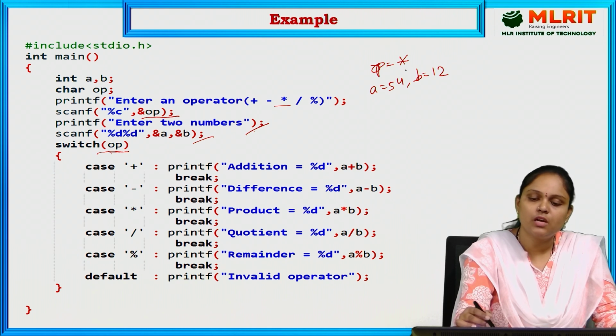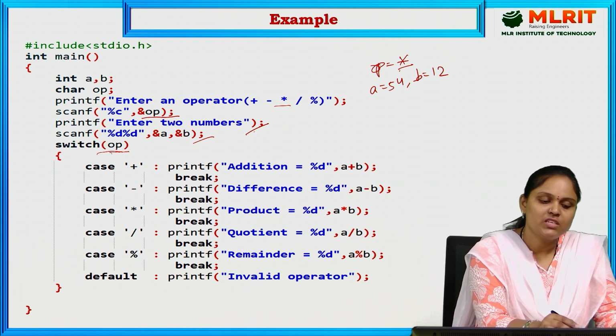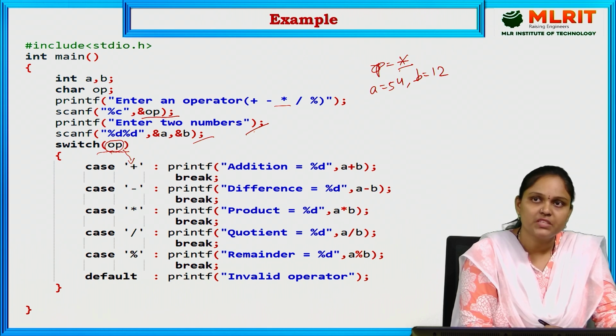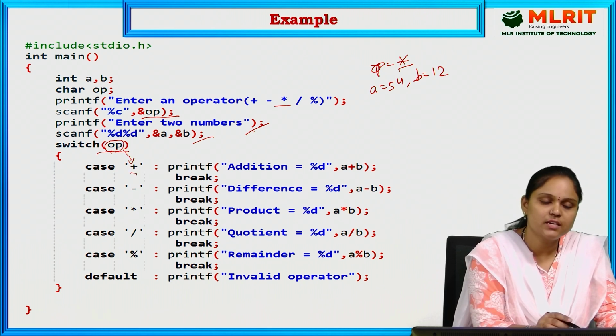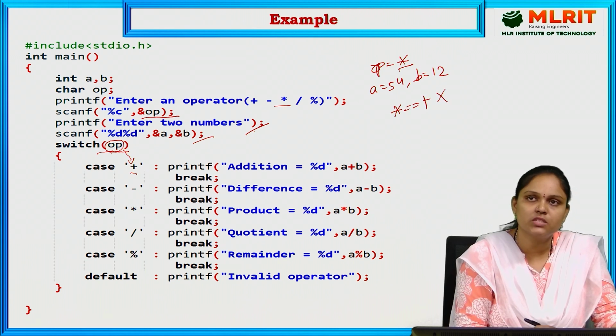In op, the value we have is a character, the multiplication operator. The switch statement will check this value with case 1. Here case 1 is given as a plus. Is the star matching with the plus? No, the star is not matching with the plus operator.